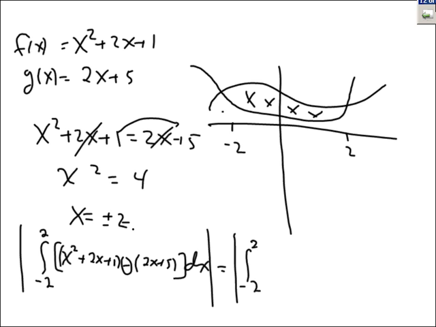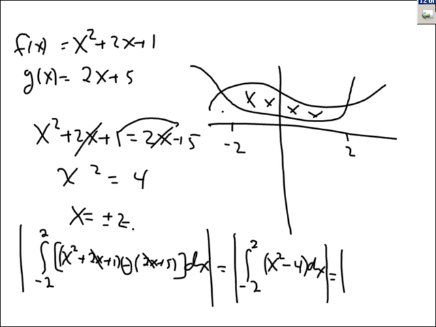When you subtract these, the 2's cancel, and you get x squared plus 1 minus 5, which is x squared minus 4.